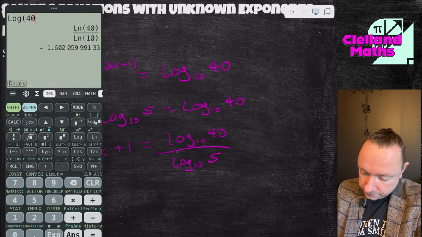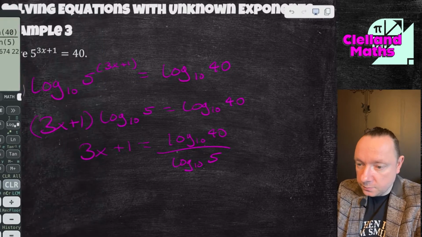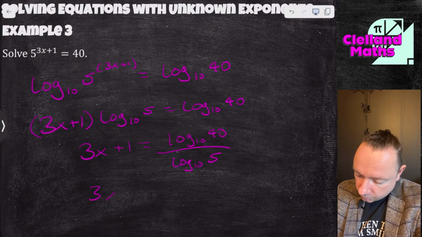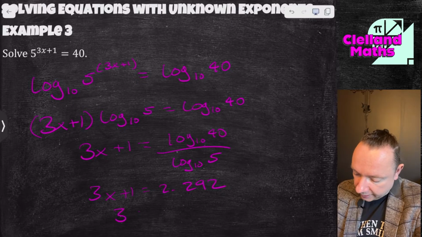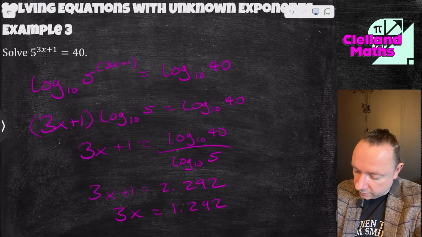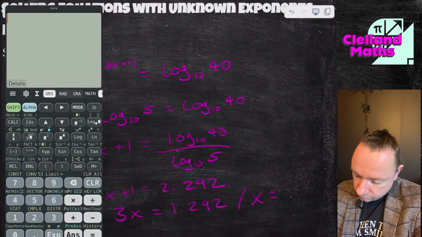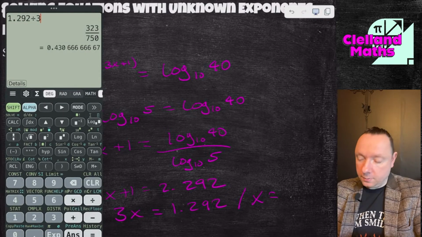Log 40 divided by log 5 is 2.292. So 3x plus 1 is 2.292. So 3x taken away 1 is 1.292. So finally, we get x equals, just divide, 1.292 divided by 3, 0.431.